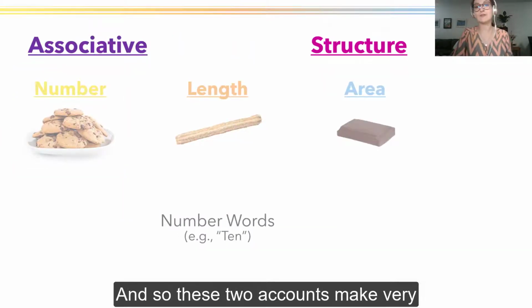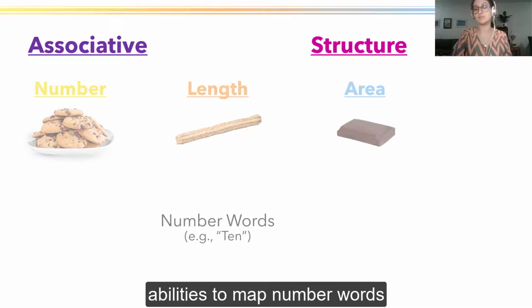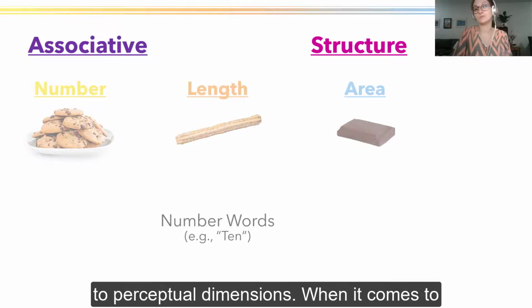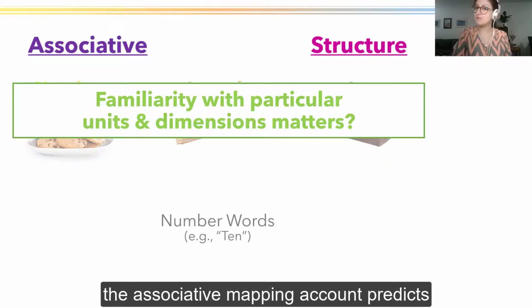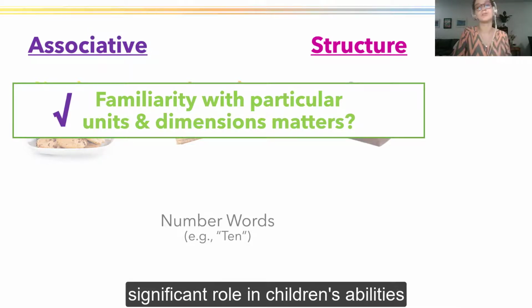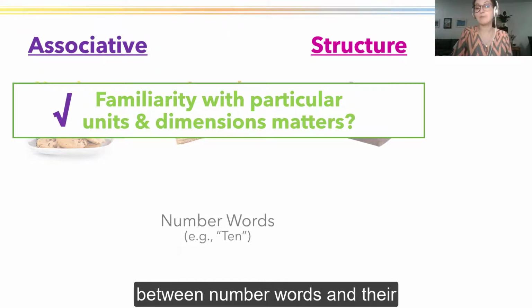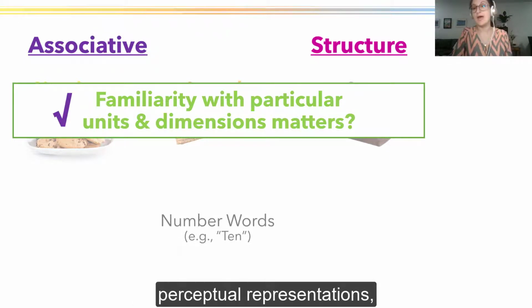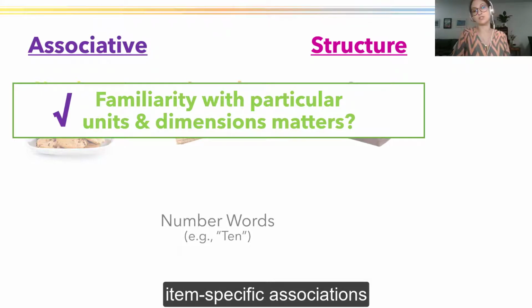And so, these two accounts make very different predictions about what should impact children's abilities to map number words to perceptual dimensions. When it comes to experience with particular dimensions and units, the associative mapping account predicts that familiarity would play a significant role in children's abilities to ultimately create links between number words and their perceptual representations, as they would need experience forming item-specific associations for each dimension and unit.